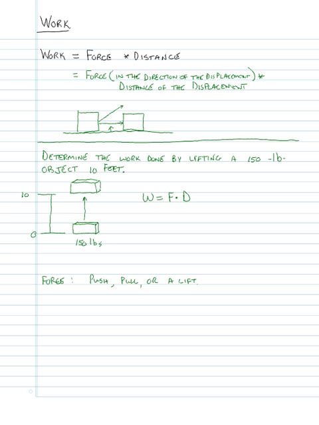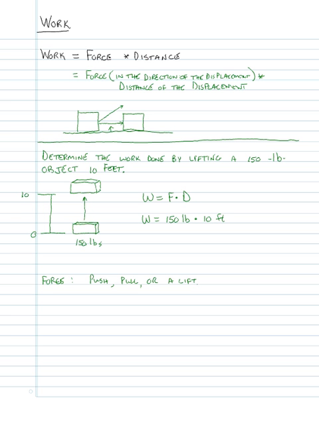So to overcome the force of gravity, we have to apply a force in the opposite direction and equal to that gravity, or more. If we apply exactly the force to overcome the gravity, then it would be a 150-pound force. So in this case, work is equal to 150 pounds of force times the distance this is traveling, which is 10 feet.